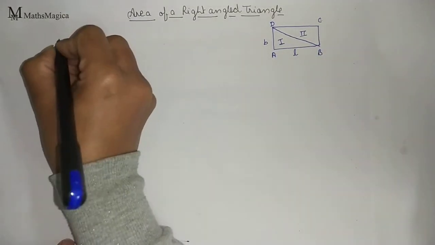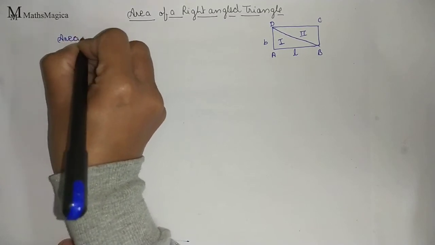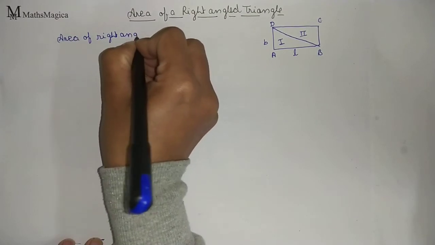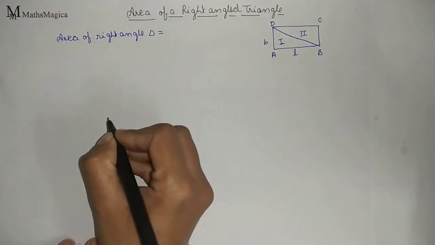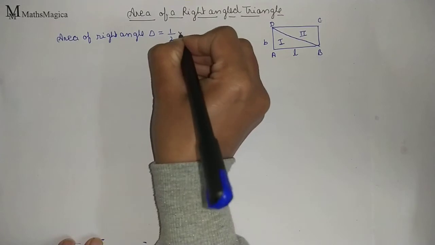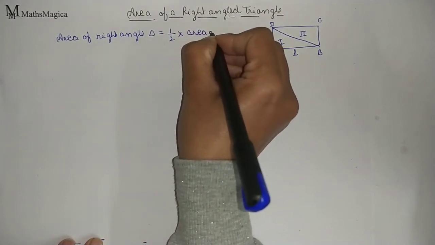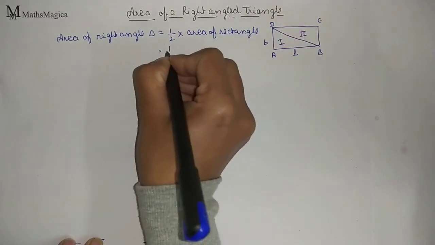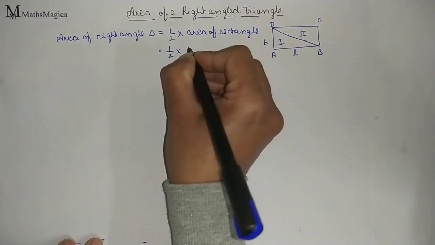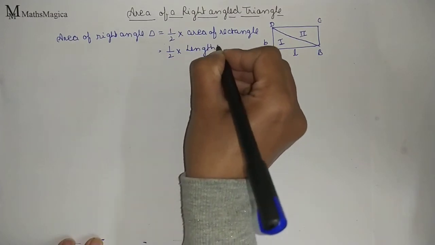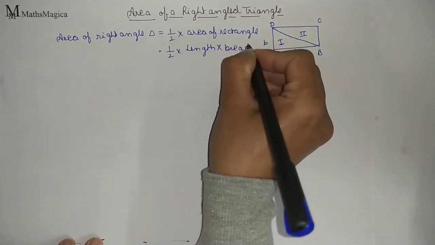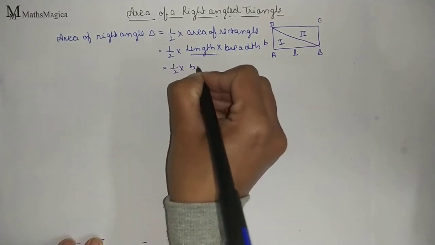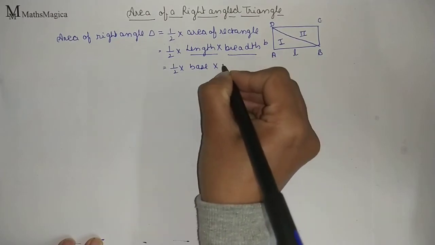Area of right angled triangle is equal to half the area of rectangle. Half into area of rectangle is length multiply its breadth. Now length is base and breadth is height.